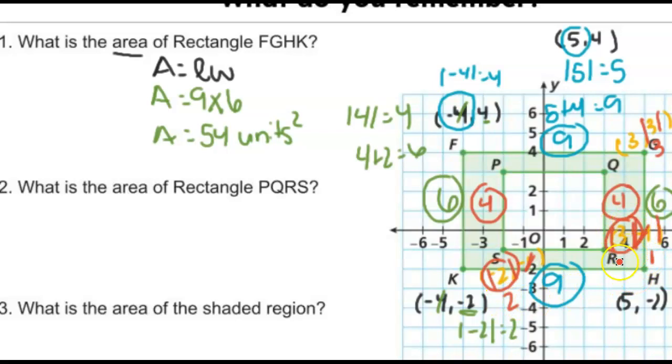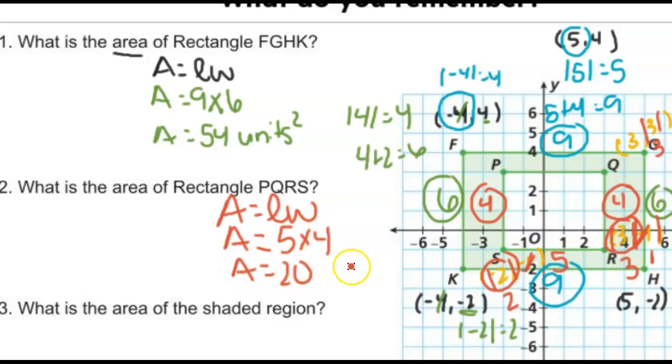The absolute value of 3 is 3. So I'm going to add those together and I'm going to get 5. So area equals length times width. My numbers are 5 and 4. So 5 times 4 is 20. A equals 20 units squared.